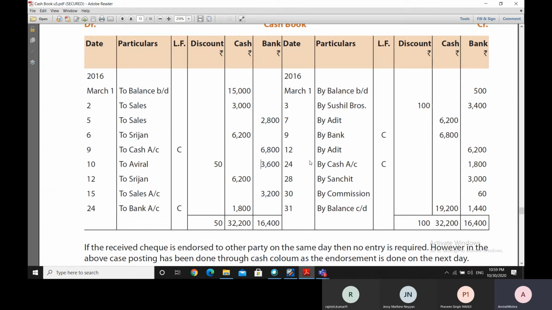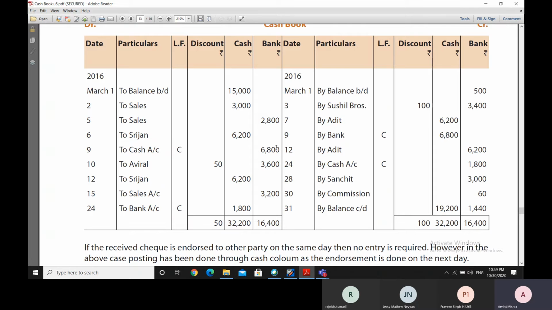Because Adit told us that, oh, you had given us the 6,200 rupees, you had endorsed the check to us. Because what had happened was that the 6,200 rupees, as you can see here, and there is a 6,200 rupees entry out here also. So here, this payment is being made to Adit of 6,200 rupees.